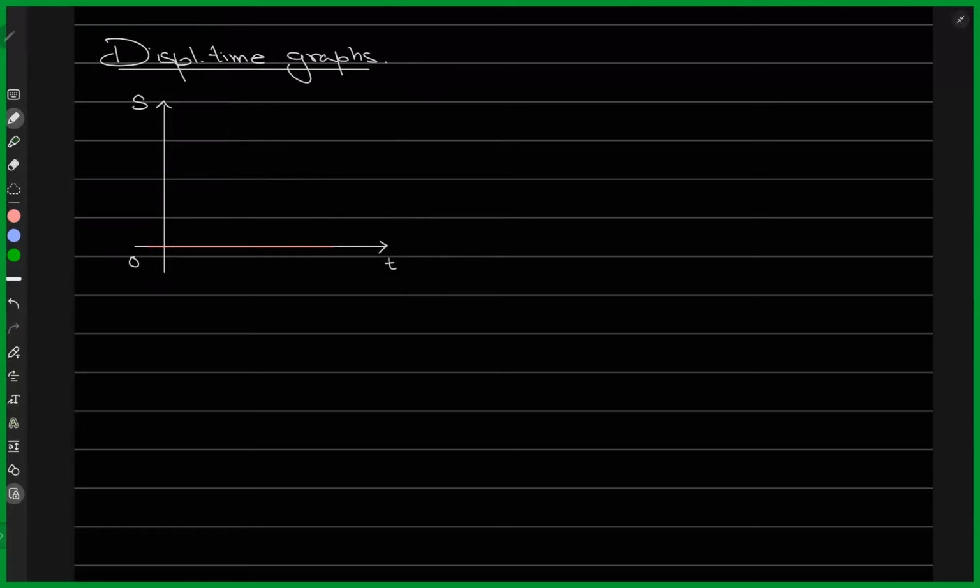Okay, so this is what you have, and I want you to tell me its gradient and what is happening kinematically. So the kinematics, as in the motion. What is happening to the motion? So first, can you tell me what would be the gradient of this pink line?